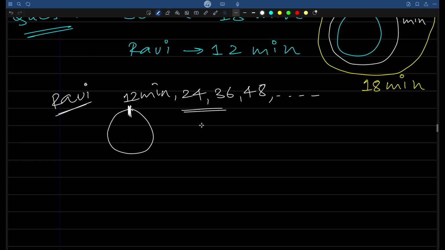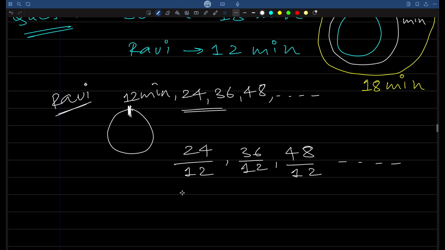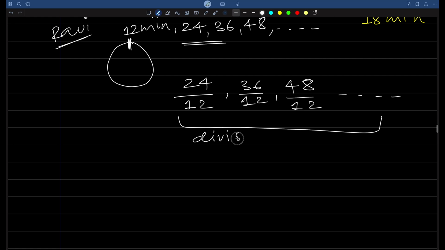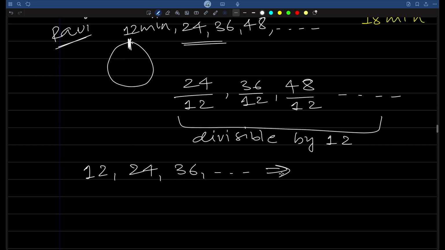If we see these numbers, we can see that all the numbers are divisible by 12, or I can say that 12, 24, 36 and so on are multiples of 12.